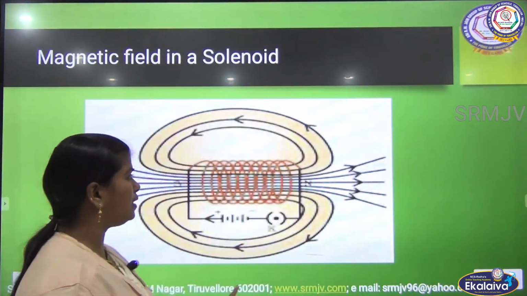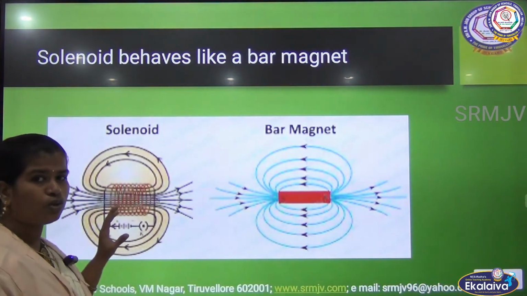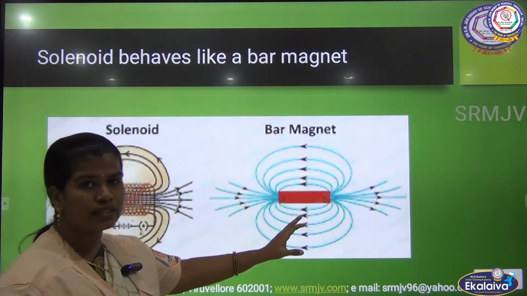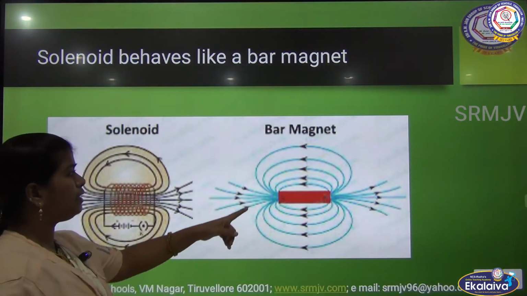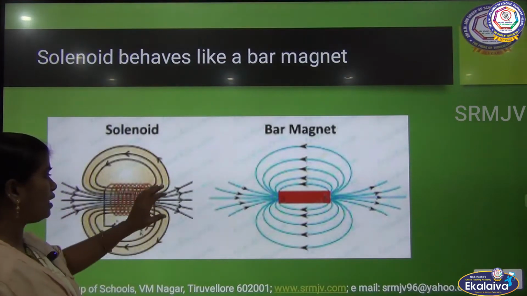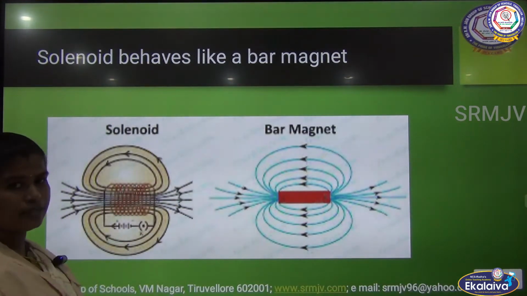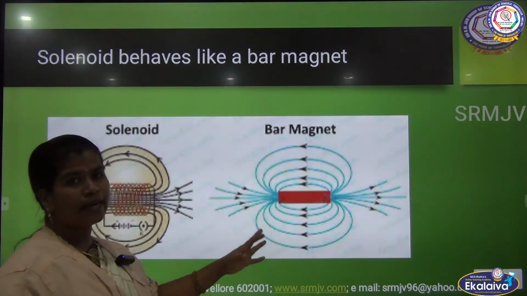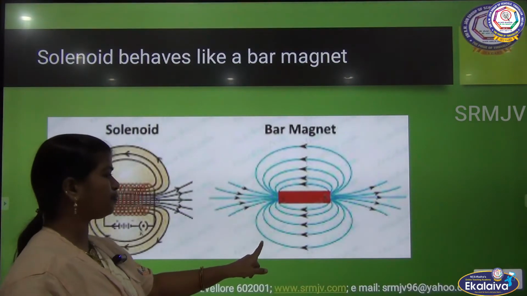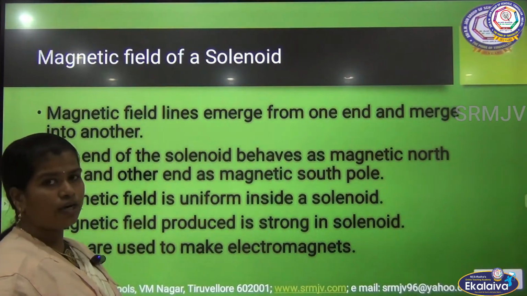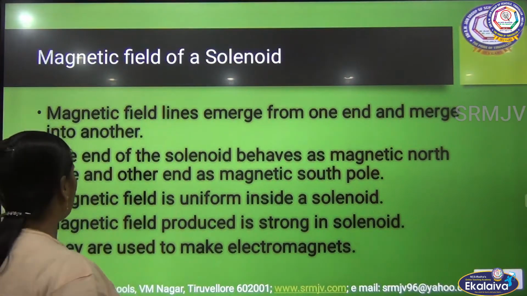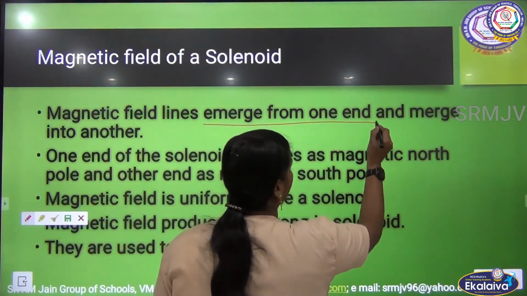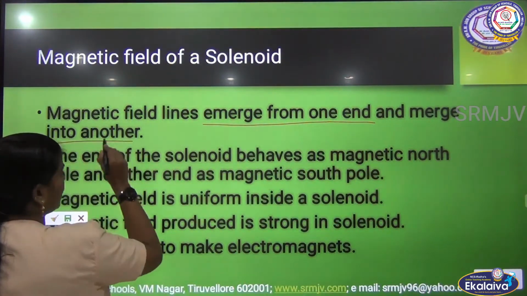I have compared the bar magnet with the solenoid. The pattern is similar in both cases. Now, let me tell you the similarity between the bar magnet and the solenoid. In the solenoid, the field lines emerge from one end and merge into another end.